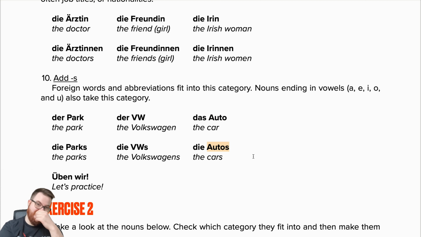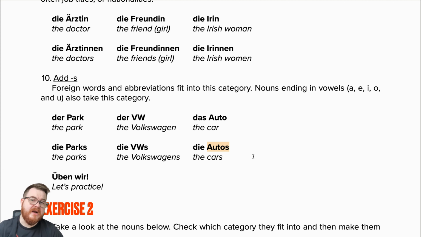Okay, that's a lot to digest. 10 categories in total. I don't expect you to remember them all immediately. And to be honest with you, while it's a good idea to learn about different categories, mostly you're going to work out what a noun's plural form is by simply reading or listening to German and hearing these words being used in context.